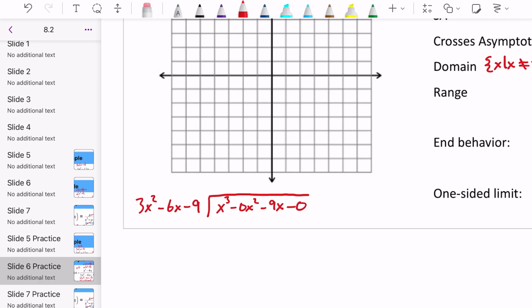minus 9. Now the entire goal is to make our first term coefficient match up with our first term within our division and have them cancel out. In this case, we would need to multiply by 1/3 x in order to have that happen.